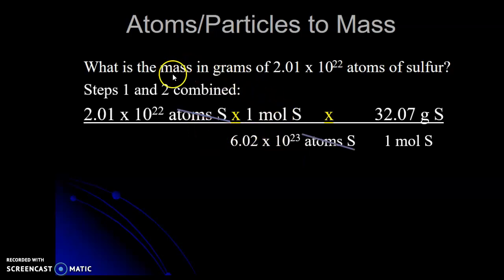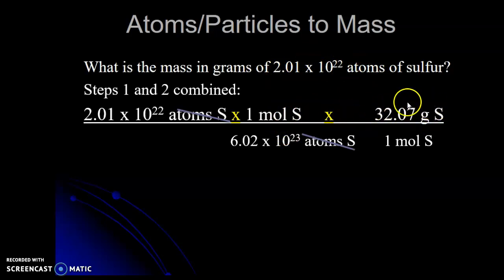Because we are converting to mass, anything you are looking for will always be at the top. You are looking for the grams of sulfur. You are given these atoms. So your sulfur will always be at the top.